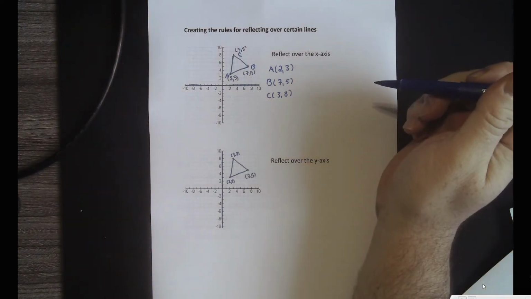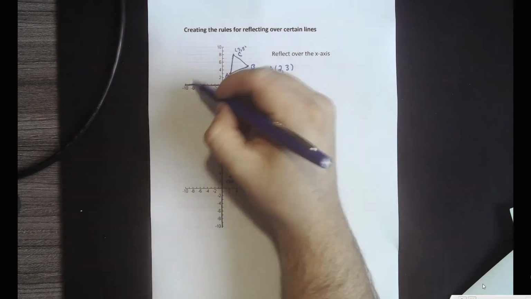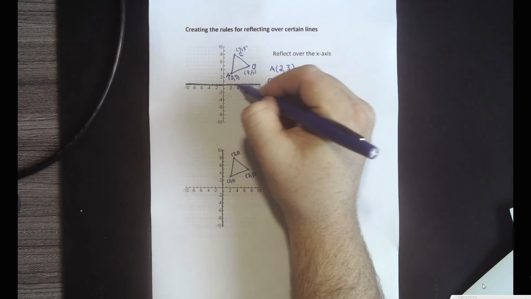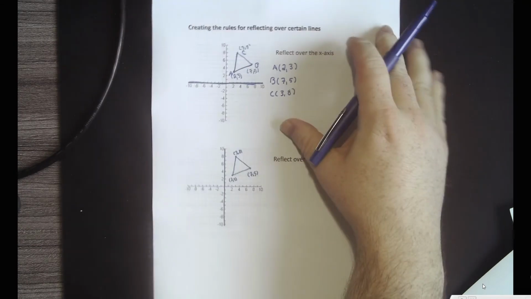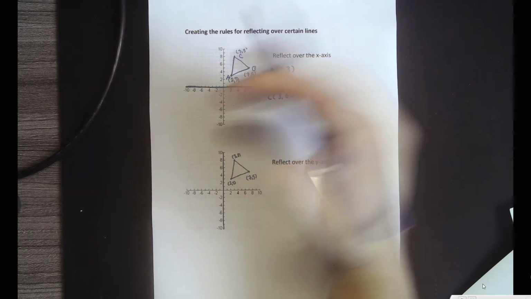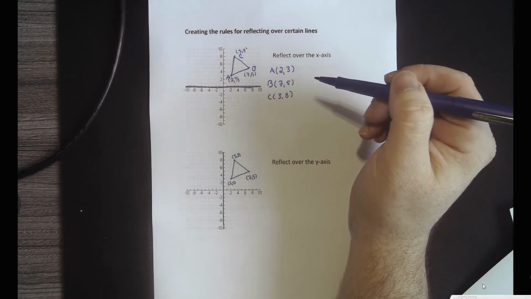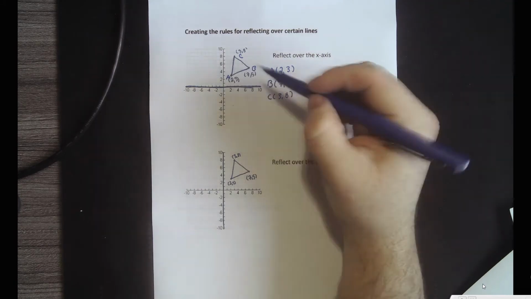So let's see here. We'll reflect over the x-axis. Now this is the x-axis here. I'm going to end up with these points. Normally I would take a mirror and reflect it over, but I don't have the ability to use the mirror right now.